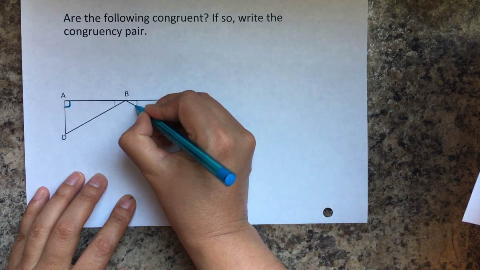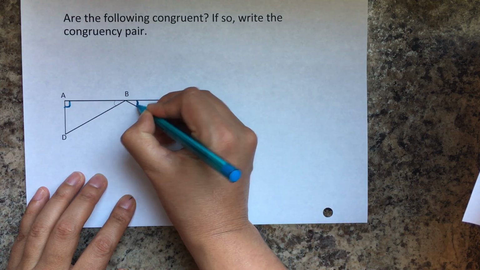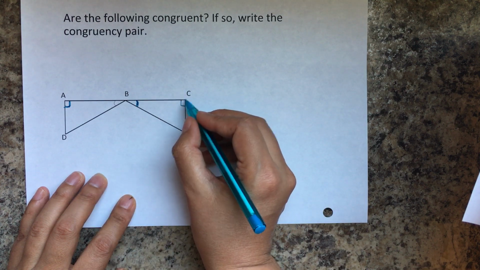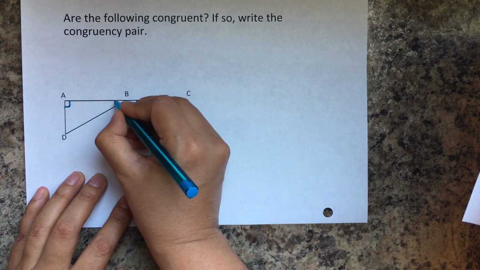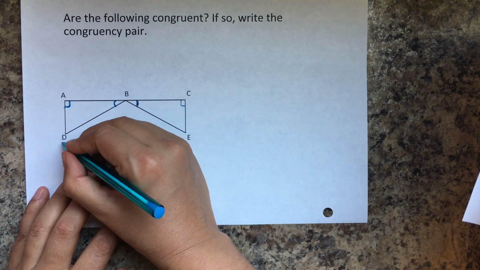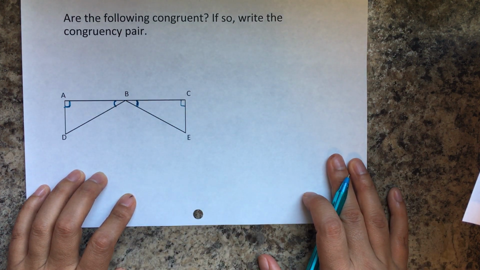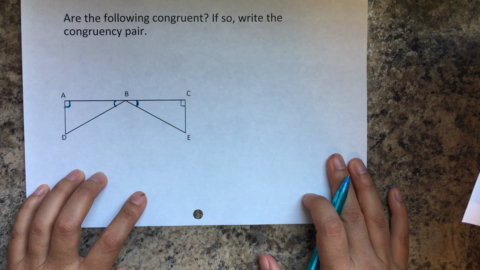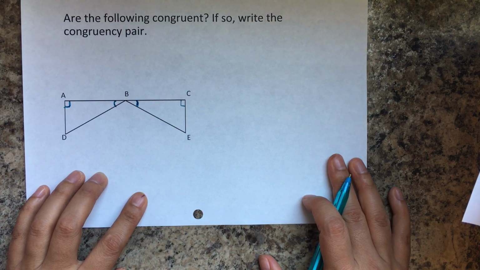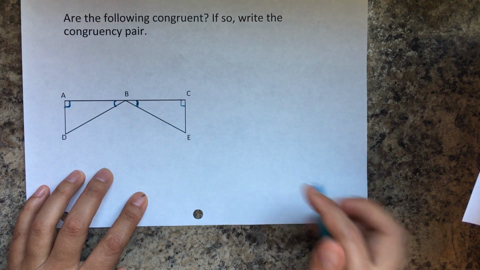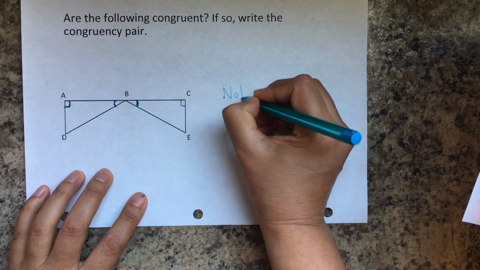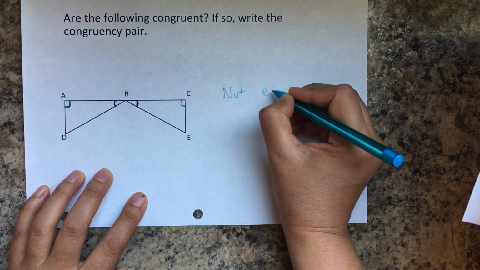We also know by the marking that angle CBE is congruent to angle ABD, but that's all the information that we have. With two pieces of information, we cannot really say whether it's congruent or not. So we're just going to say not enough information.